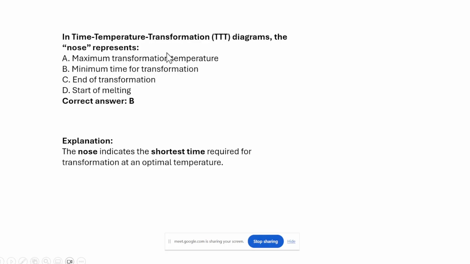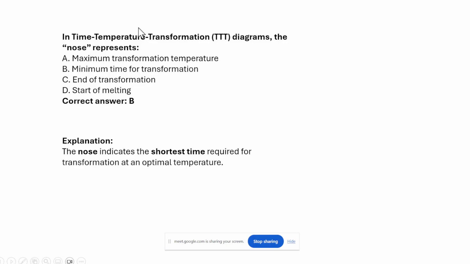In time temperature transformation diagrams, the nose represents: maximum transformation temperature, minimum transformation temperature, end of the transformation, or start of the melting.